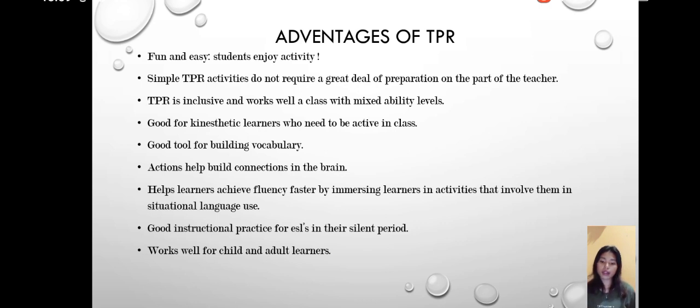Good for kinesthetic learners who need to be active in class, a good tool for building vocabulary, actions help build connections in the brain, helps learners achieve fluency, fosters immersing learners in activities that involve them in situational language use, good instructional practice for ELs in their silent period, works well for child and adult learners.